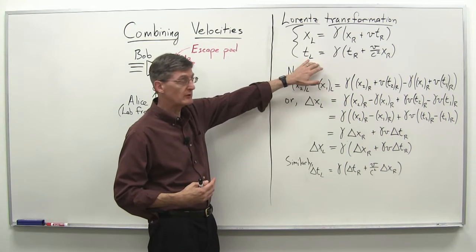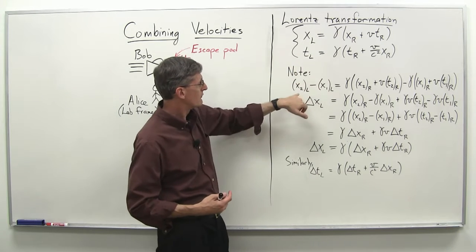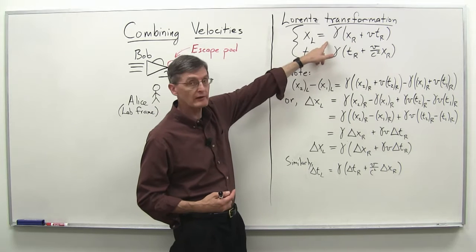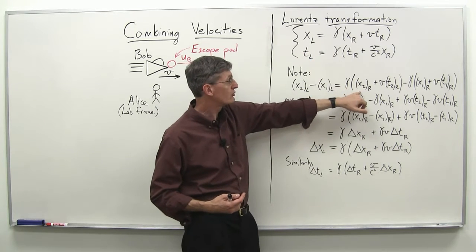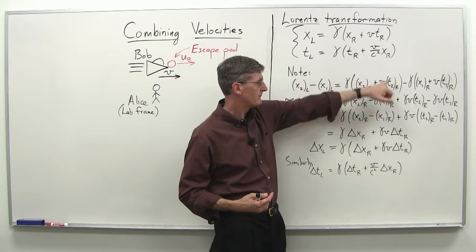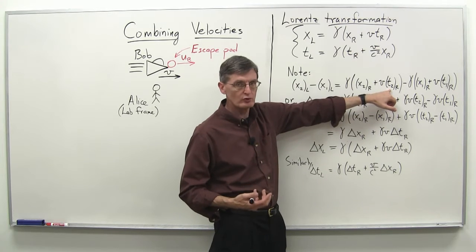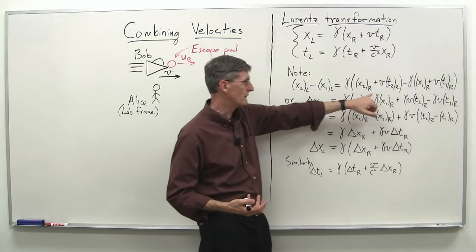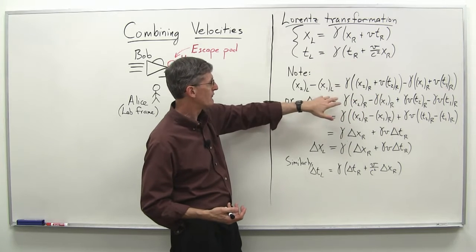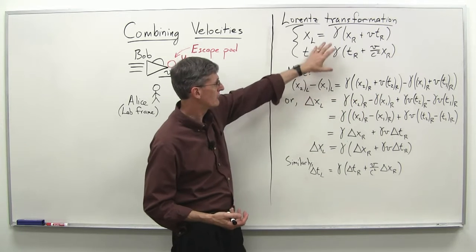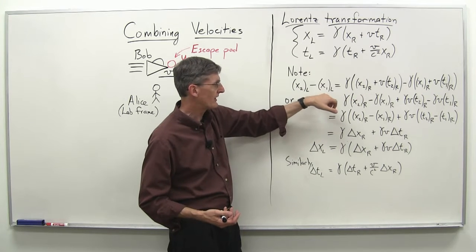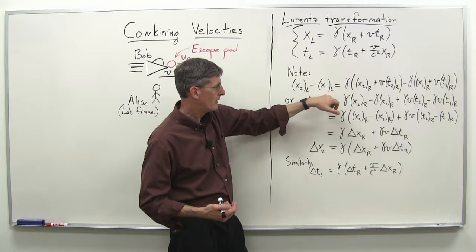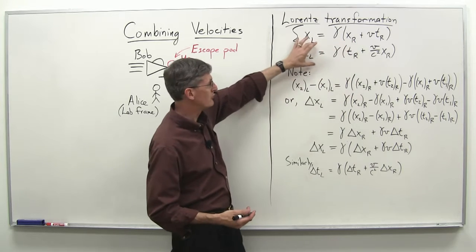Using the Lorentz transformation equations, for x2 sub L we can plug in this with the 2's here. So we've got gamma times x2 sub r plus v times t2 sub r, in the rocket frame. We just took the equation and put that in for x2 sub L, and then similarly for minus x1 sub L, we plugged in the same equation. We're not doing the t equation here.